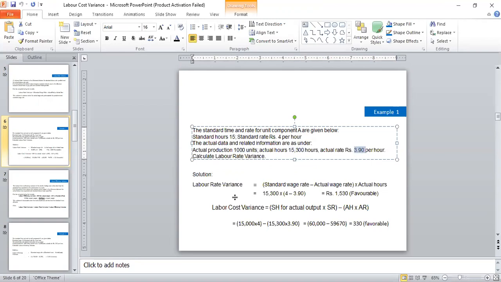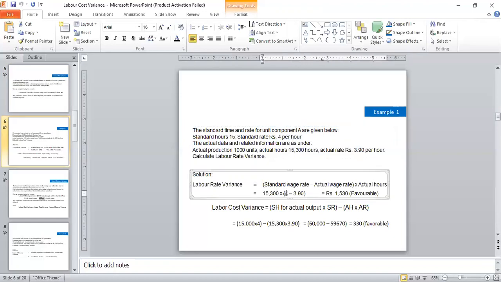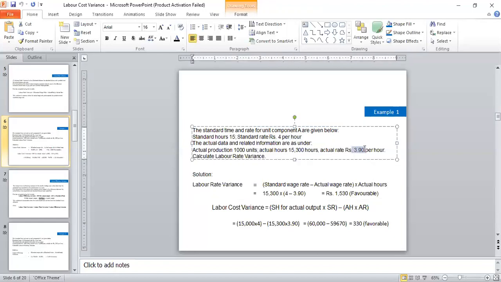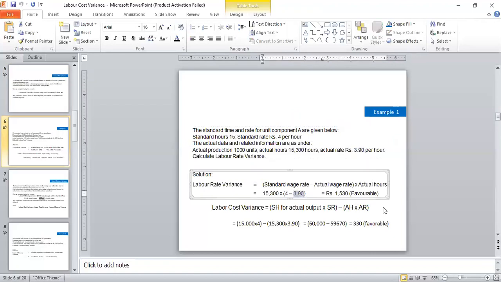Using the formula, labor rate variance is standard wage rate minus actual wage rate multiplied by actual hours. Total actual hours are 15,300, standard wage rate is rupees 4 per hour and actual wage rate is rupees 3.90 per hour.